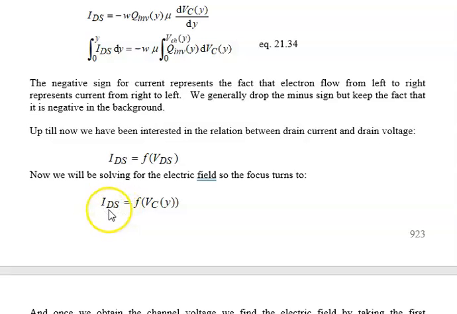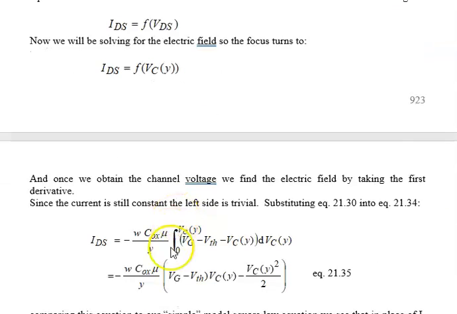Here we want the output current as a function of the channel voltage. And since the current is the same, the current doesn't change. Current is constant. So it doesn't matter whether we put in VDS or VC. So that's what we do here.